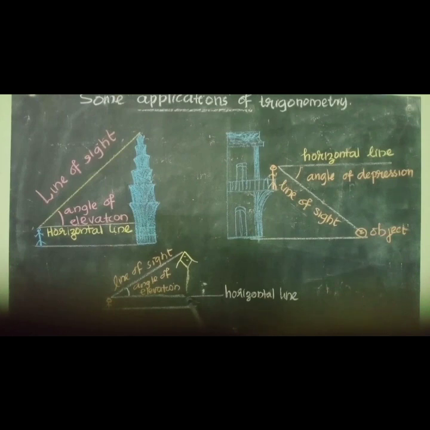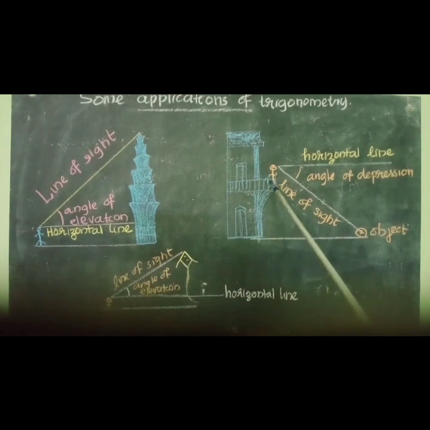Here you can see this is the horizontal line and the object is above the horizontal line. So there is formed the angle of elevation. So if the observer is looking up, there is forming angle of elevation.